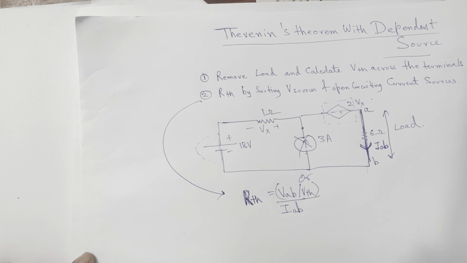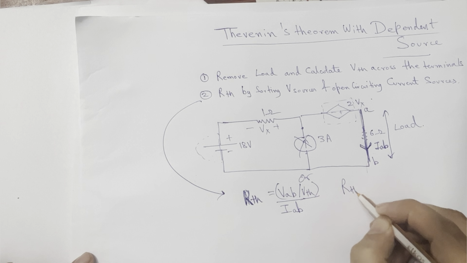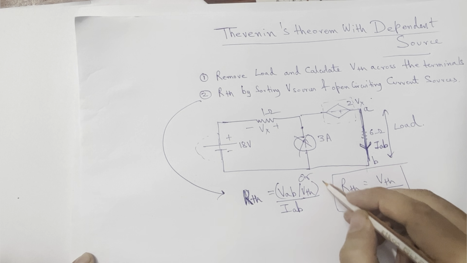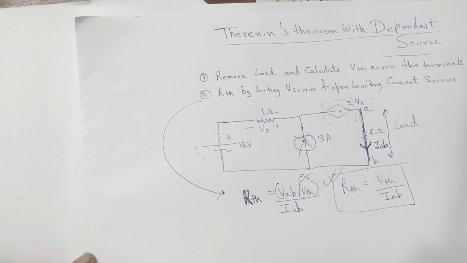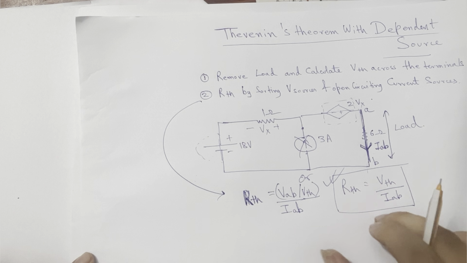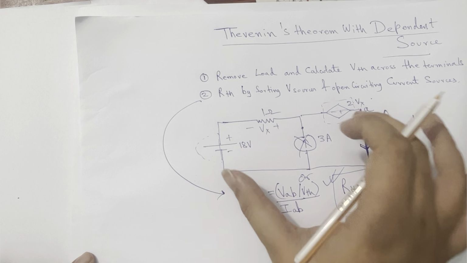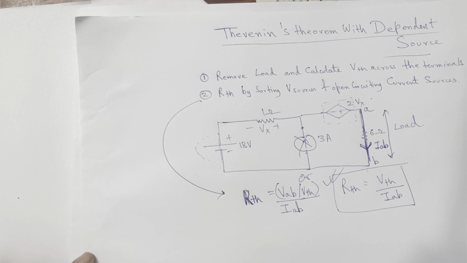So RTH equals VTH upon IAB. This is the new method. If dependent sources are there, then we will use this method to find the current. We will solve this example so that we can understand better.